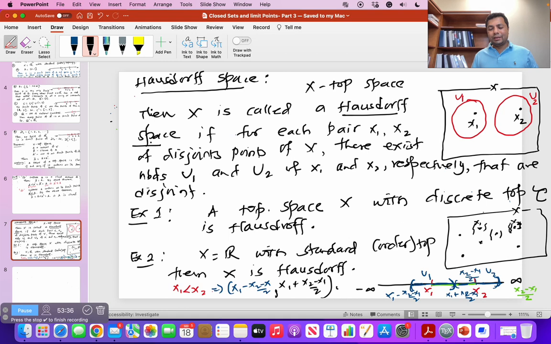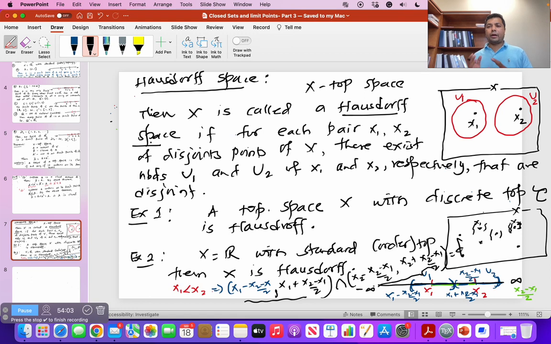The neighborhood of x2 is going to be (x2 minus (x2 minus x1) over 2, x2 plus (x2 minus x1) over 2). From this figure you can see these are disjoint.